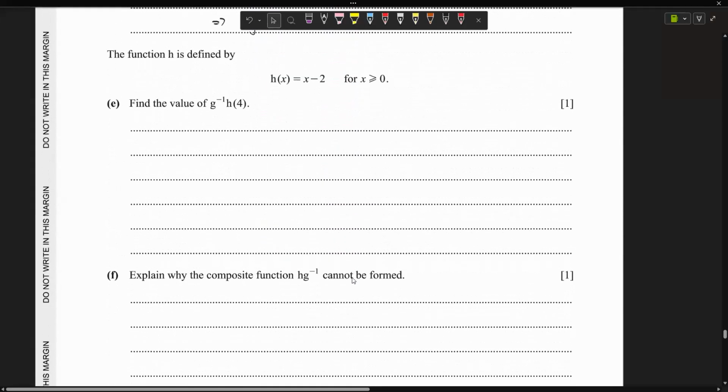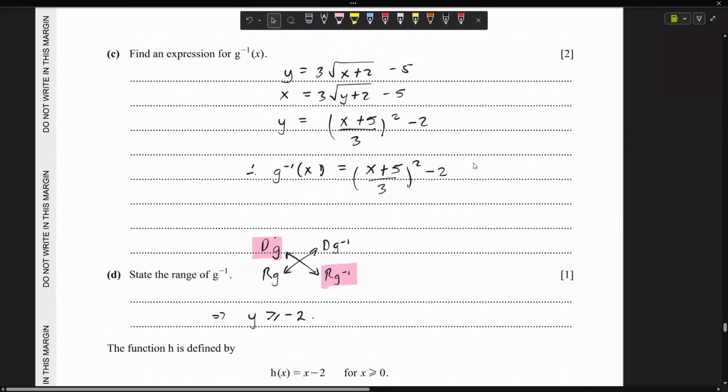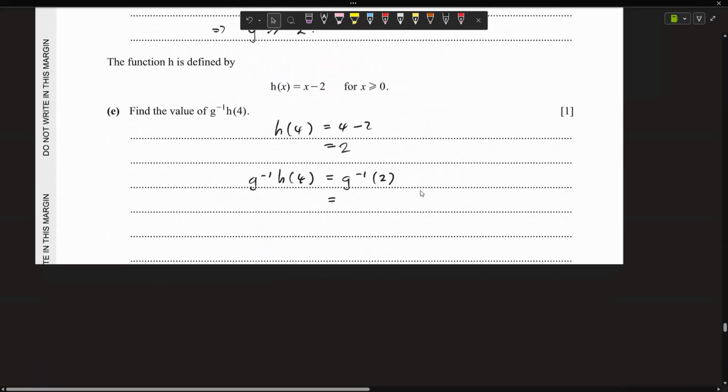And then on the next part, it says the function h is defined by that. Find the value of g inverse of h of 4. So h of 4 is 4 minus 2, which is 2. So when we say g inverse of h of 4, it is as good as saying g inverse of 2, because h of 4 is 2. And g inverse of 2, remember we got g inverse of x to be this. Let's place it here.